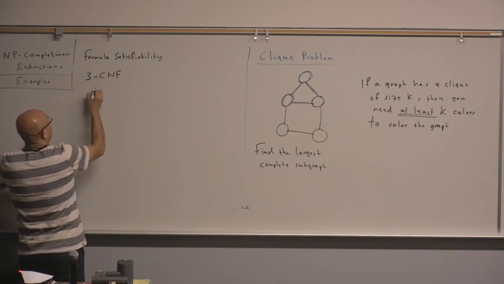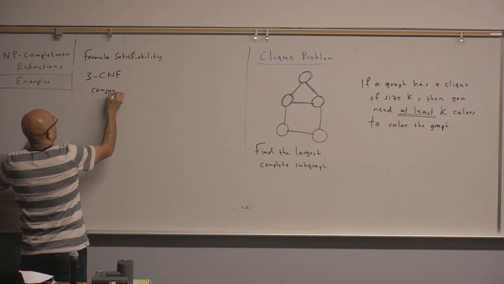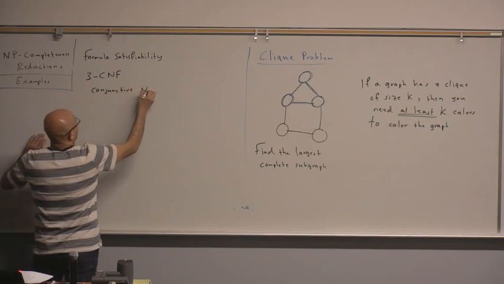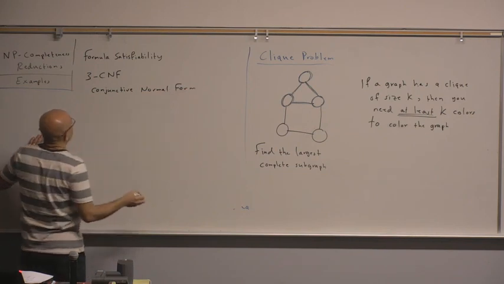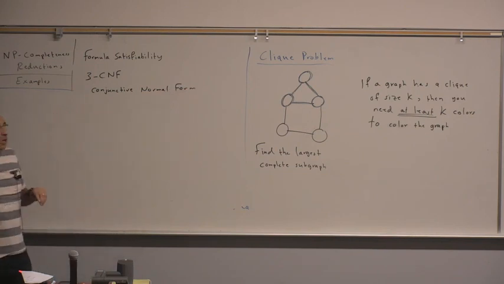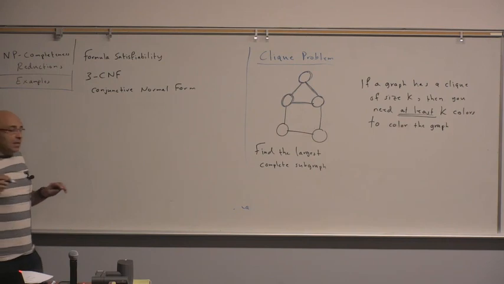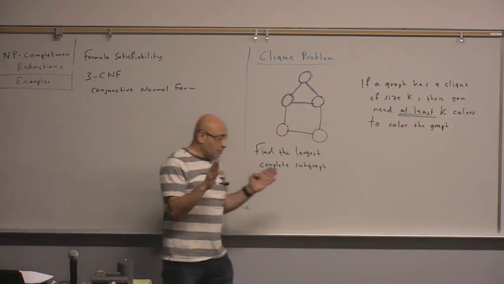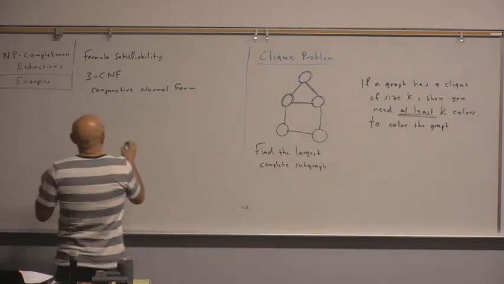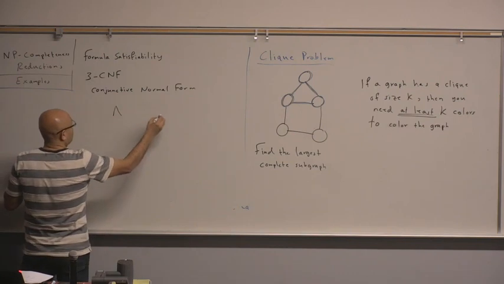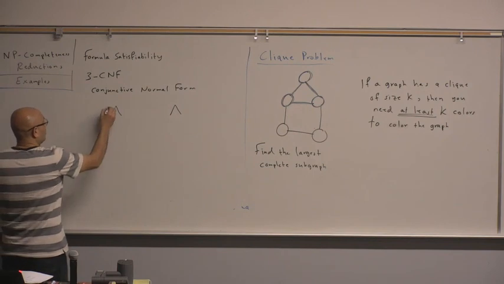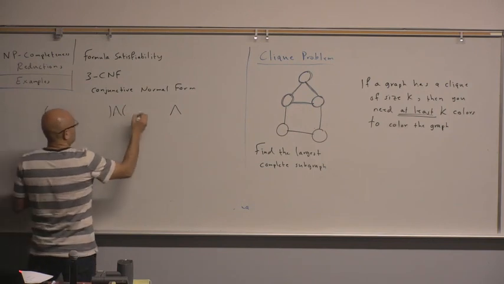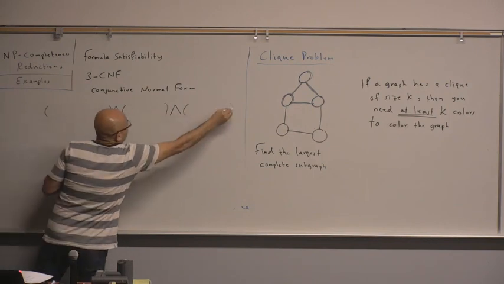So this stands for conjunctive normal form. The 3 conjunctive normal form, where the formula has to be in a special form, where there is a number of clauses that are related by ands, and within each clause you have 3 literals.